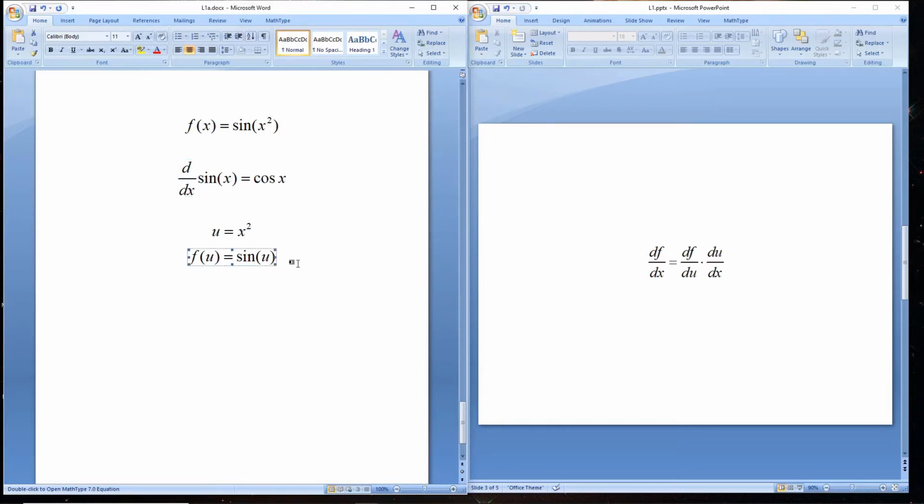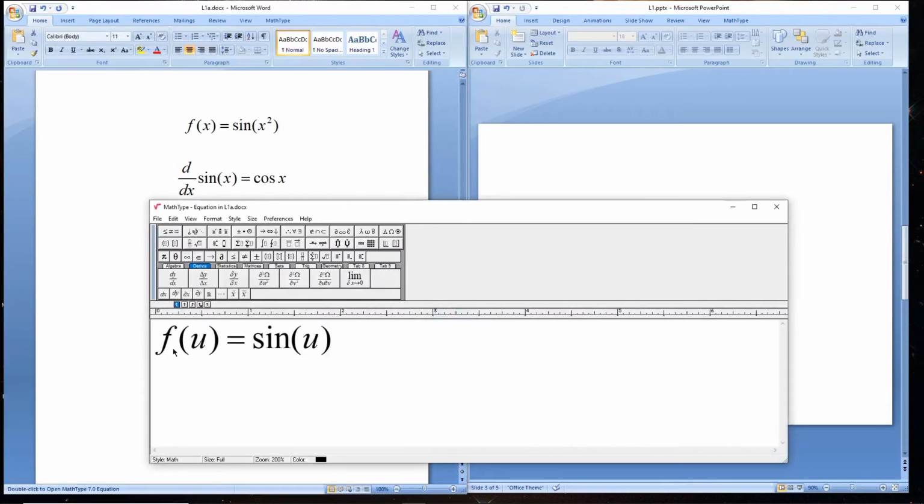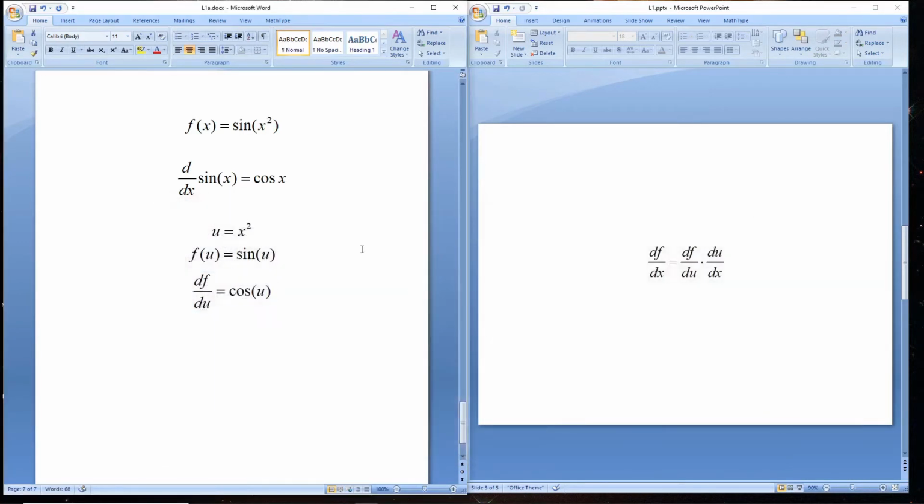So we know this derivative right here from the derivative patterns. The derivative of sine u with respect to u, so I have to change this x here to a u. The derivative of sine u is cosine u. We know that from our derivative patterns.